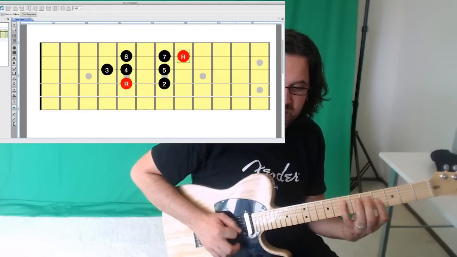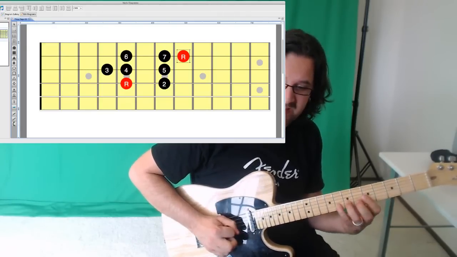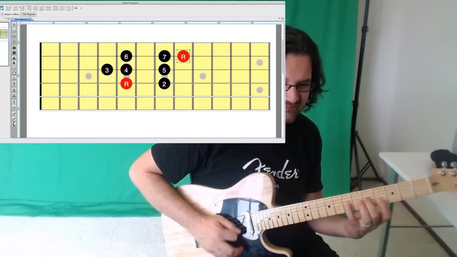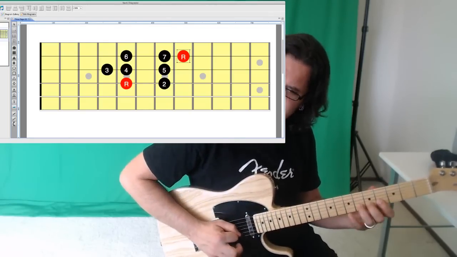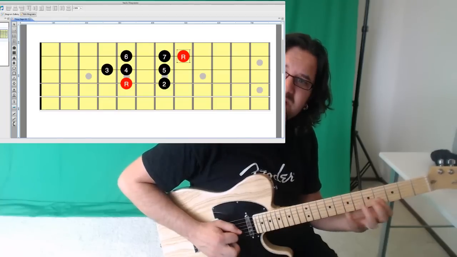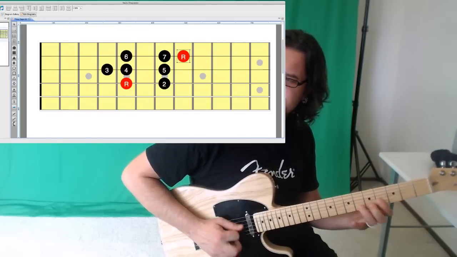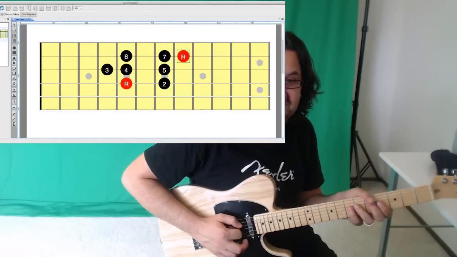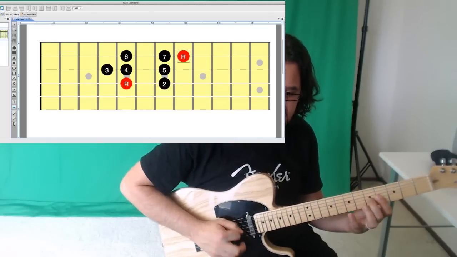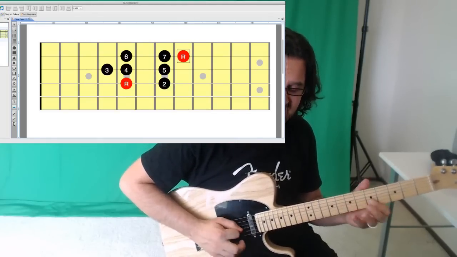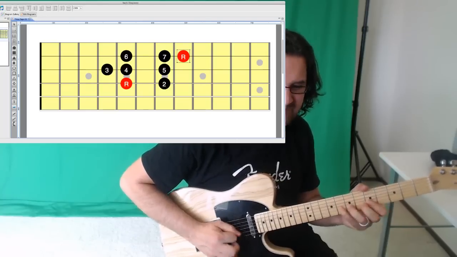1, 2, 3, 4, 5, 6, 7, 8. If you use the same exact shape, it wouldn't work. Cool scale, but that's not the shape that we want. So now, a new shape has to be learned. 1, 2, 3, 4, 5, 6, 7, 8.